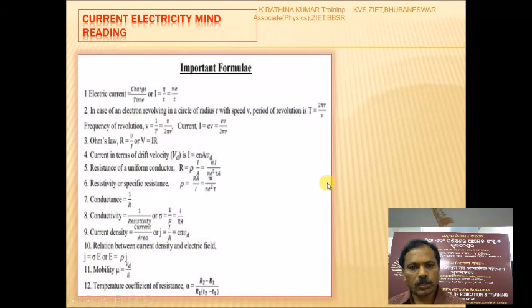Then the last important formulas are given here.